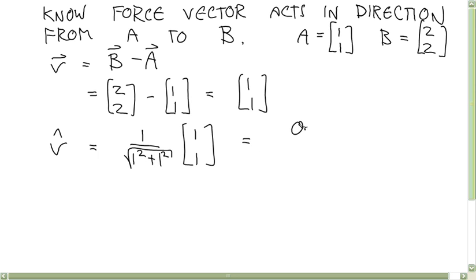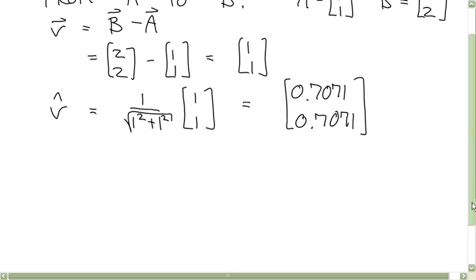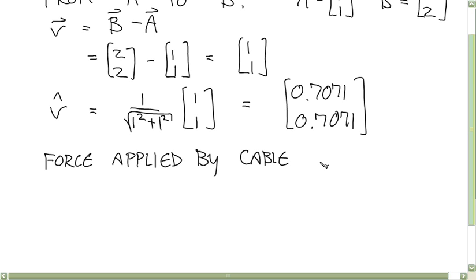And if you multiply that out, you get 0.7071, 0.7071. And now the force applied by the cable is just the unknown cable tension, T, times that unit vector.